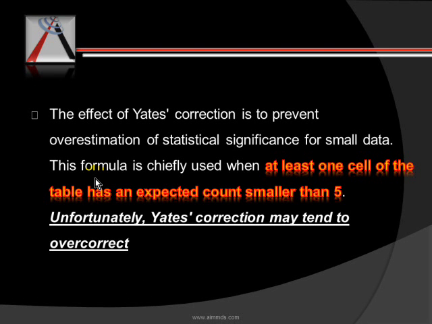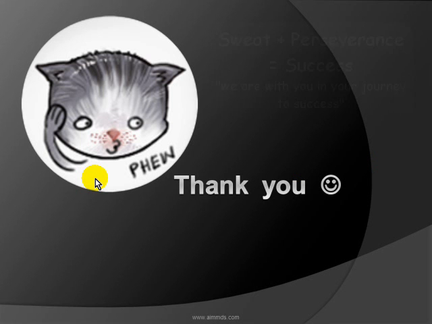It's the same scenario in which we apply the Fisher's test. So don't get confused. We can use Fisher's test as an alternative, or we can apply the Yates correction, but the problem with the Yates correction is that it may tend to over-correct. All these points have been asked in MCQs, so just try to understand what they mean.